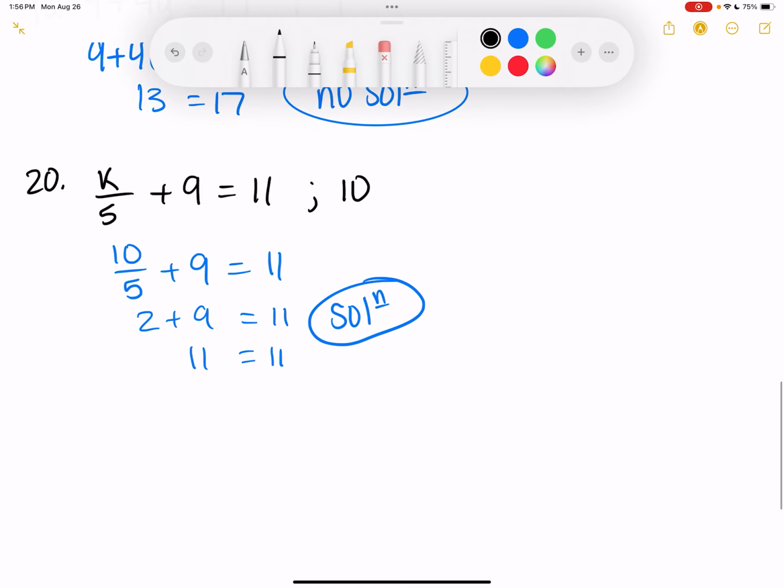Those have been equal ones before. Let's look at some inequality ones. 22, x minus 5 divided by 3 is greater than or equal to 2.8. We're plugging in 11.